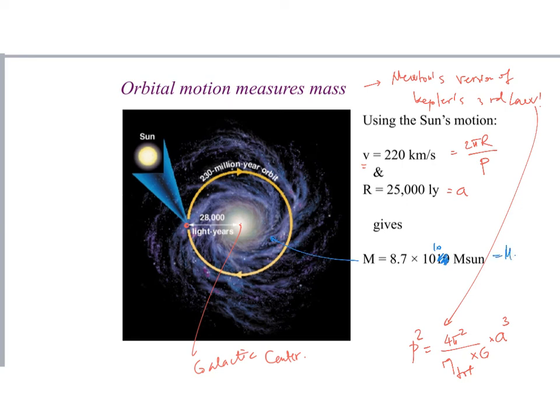So we have the mass enclosed in the sun's orbit.